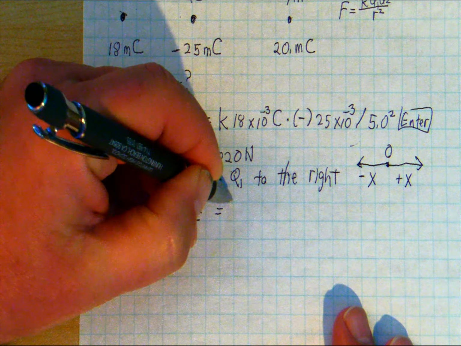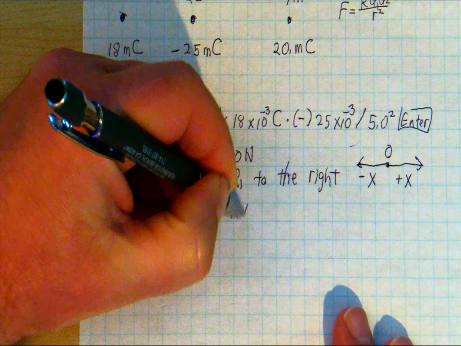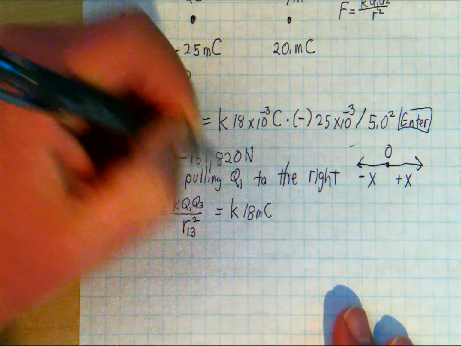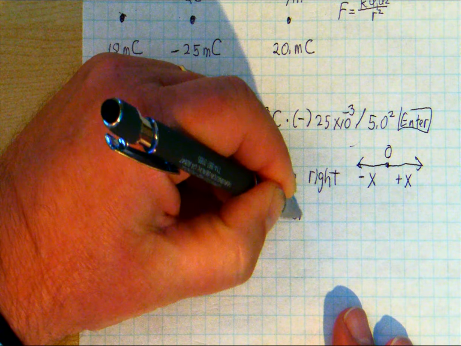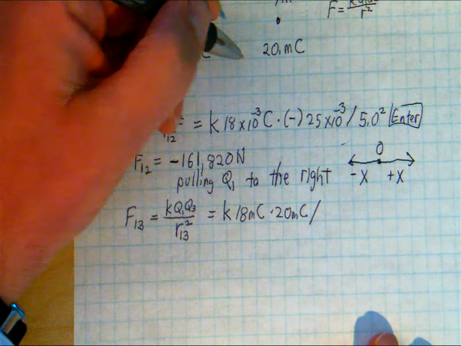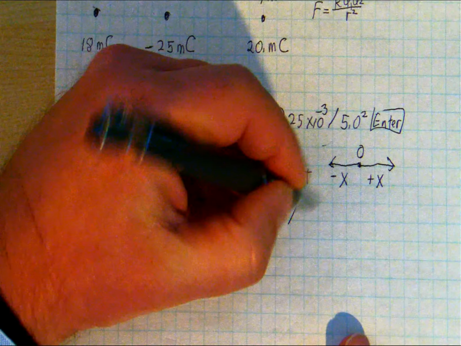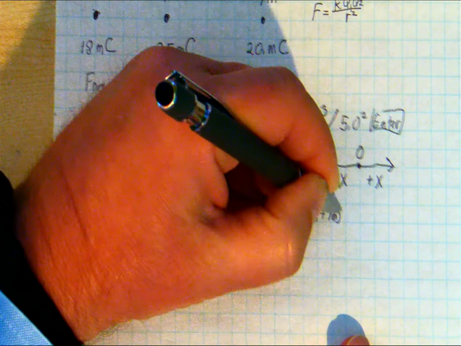Of course, that's going to be K times 18 millicoulombs times 20 millicoulombs divided by 5 plus 7 meters squared. Calculate, please.